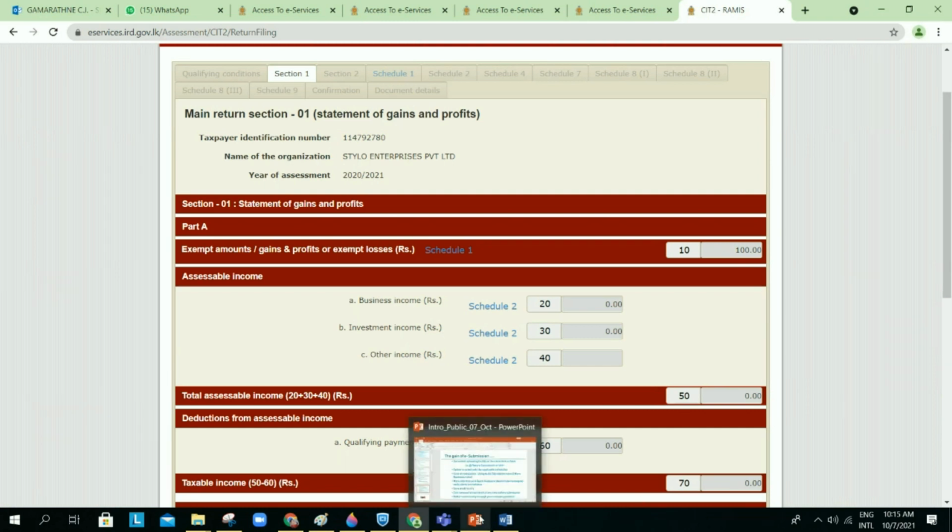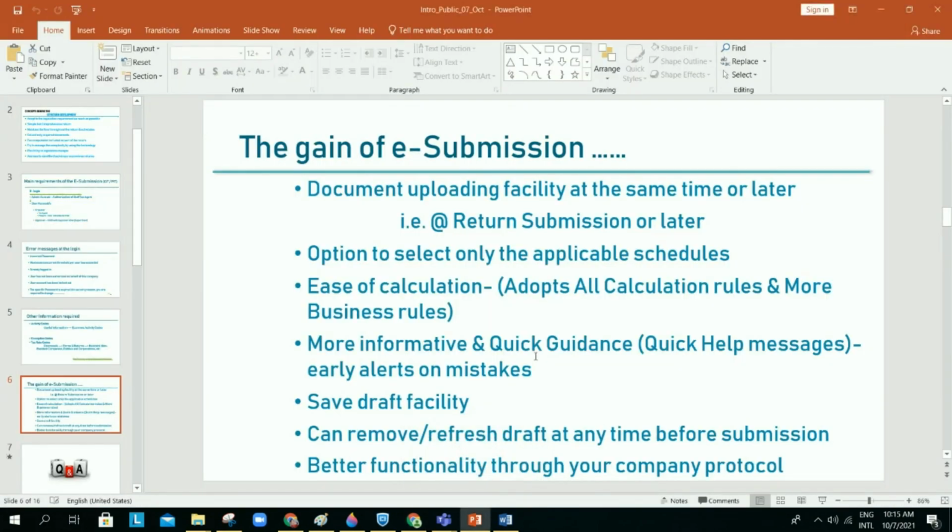Then I will move to the presentation. The other one is more informative and quick guidance: quick help messages and early alerts on mistakes.